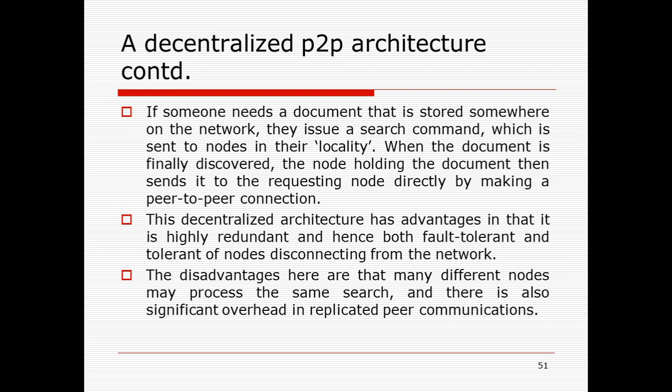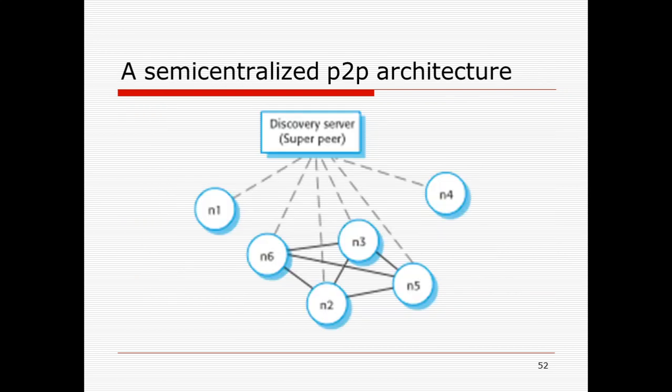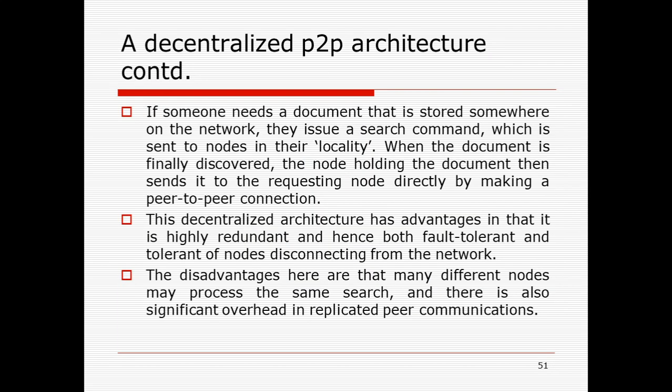Suppose someone needs a document that is stored somewhere in the network. That particular node can issue a search command, which is sent to the nodes in its locality. When the document is finally discovered, the node holding the document can send it to the requesting node directly by making a peer-to-peer connection.